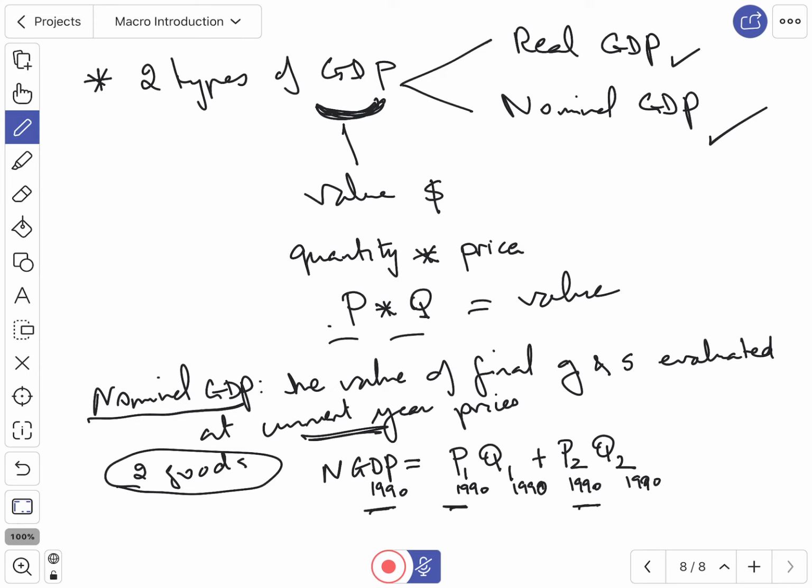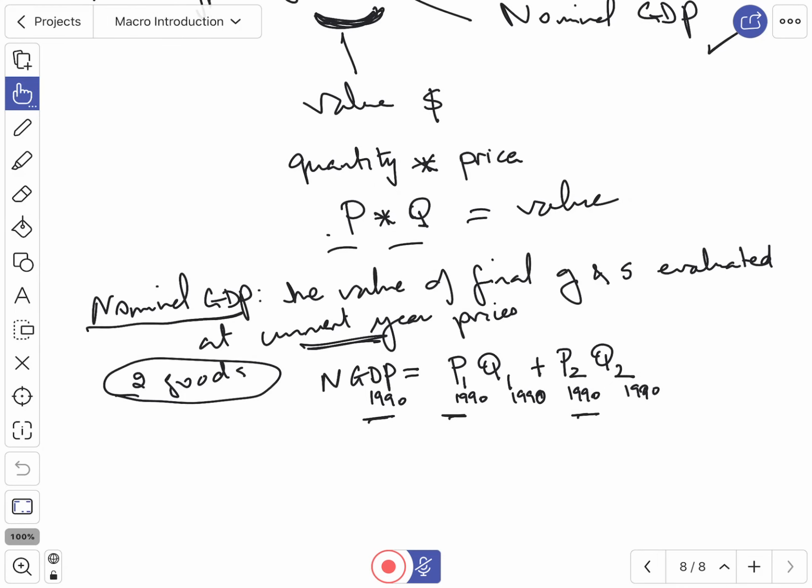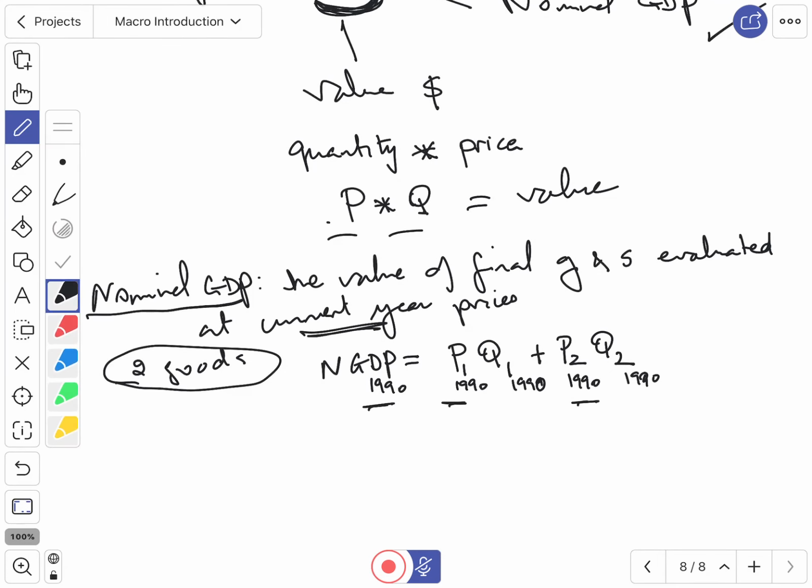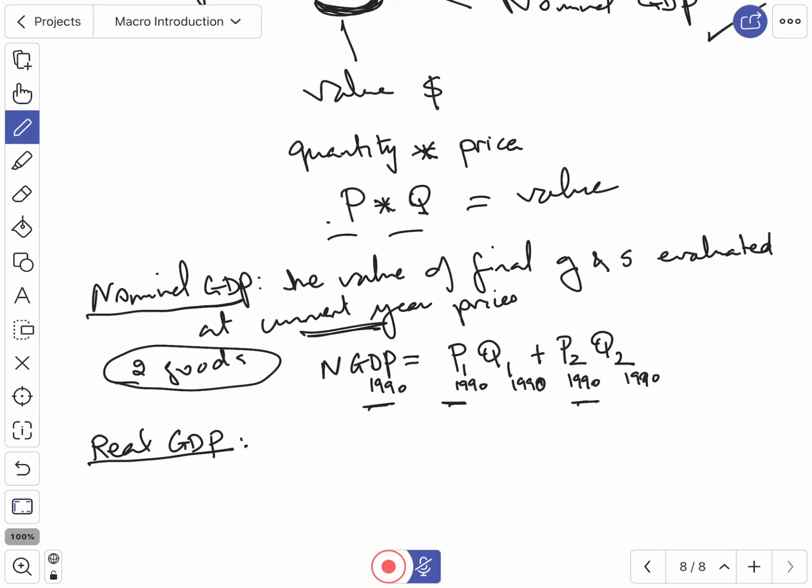Now, suppose I'm talking about the real GDP. So what is a real GDP? The real GDP is the value. So I'm just repeating again.